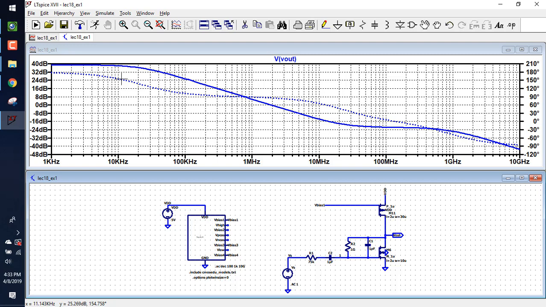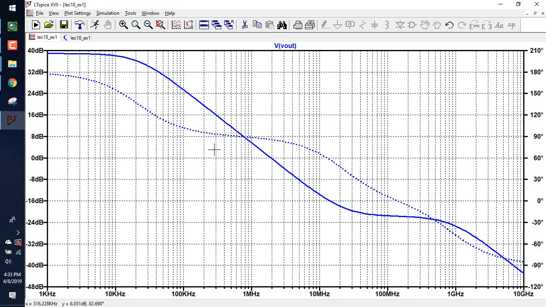Where would I expect the phase to start rolling off? If the pole is at, let's just say it's at 20 kilohertz right there. Where do I expect the phase to start rolling off? Yeah, 1 decade before, or 2 kilohertz. So if I'm at 20 kilohertz, I go 1 decade earlier. Let's look at that.